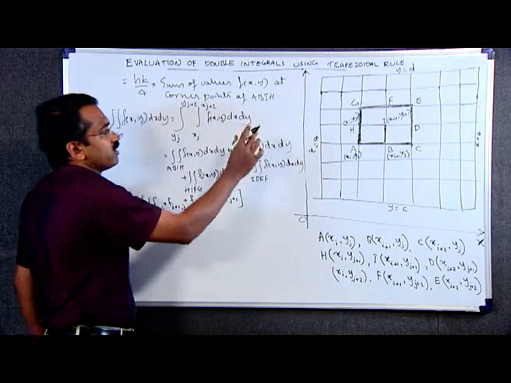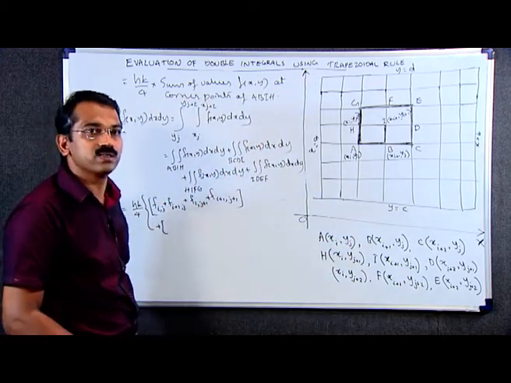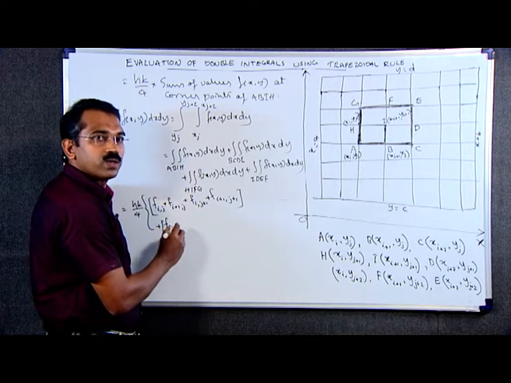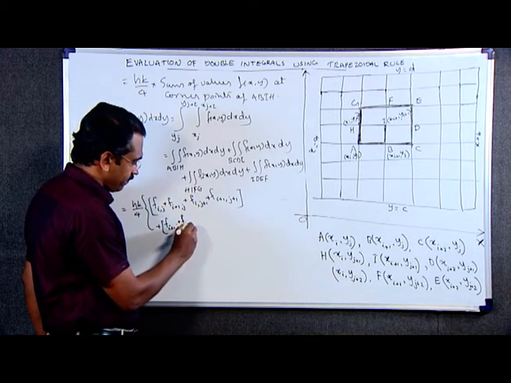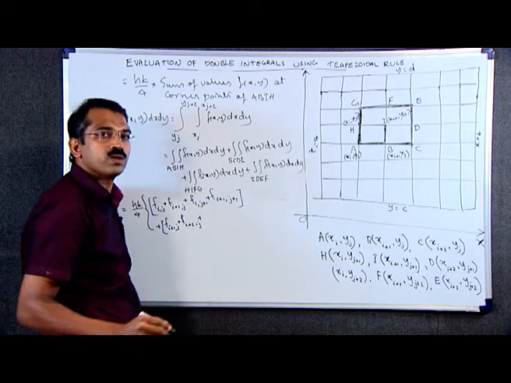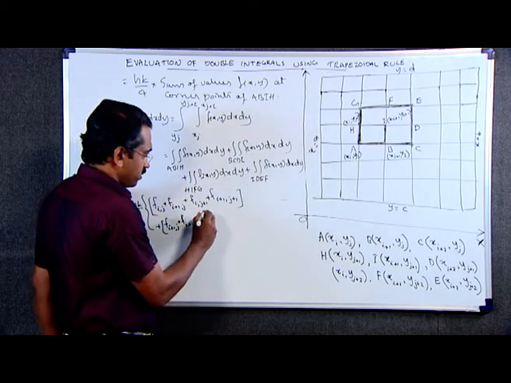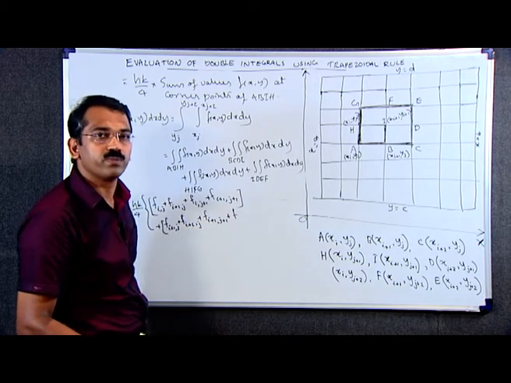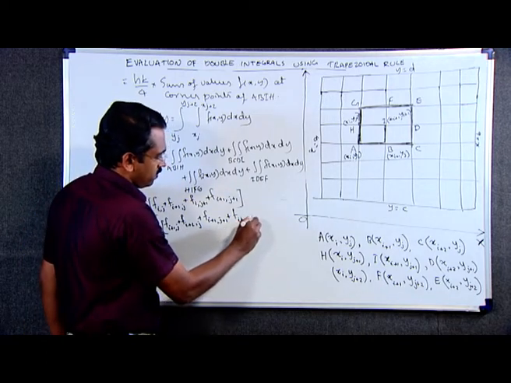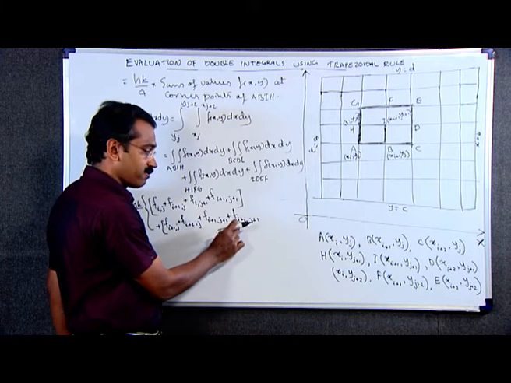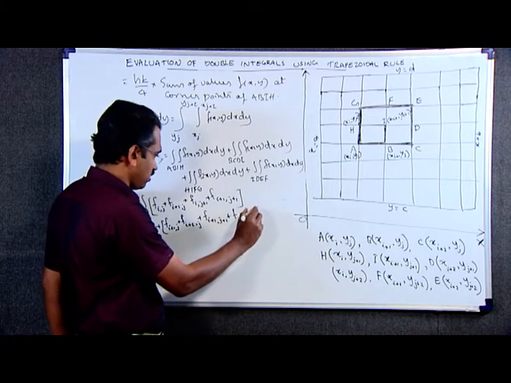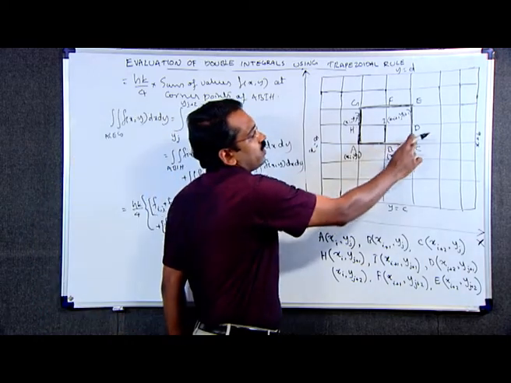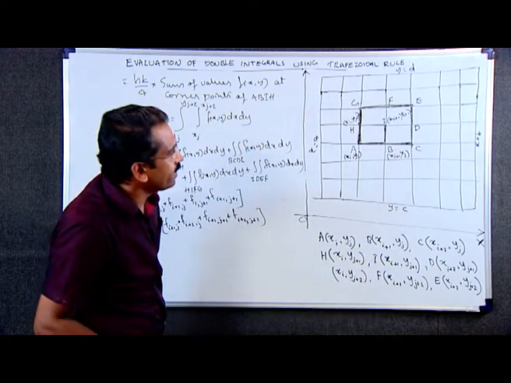We can write the double integral over the rectangle BCDI as f of i plus 1 comma j plus f of i plus 2 comma j plus f of i plus 1 comma j plus 1 plus f of i plus 2 comma j plus 1. These are the values of the function f of x y at these corner points B, C, D and I.